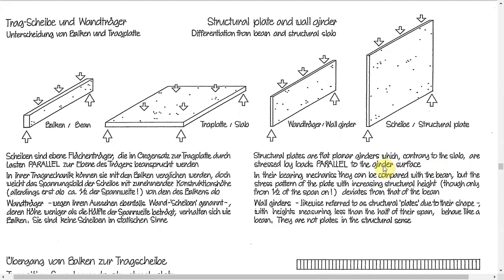So, what is the main difference between the slab and a plate? It can be seen on the extreme left hand side. There is a figure of a beam.